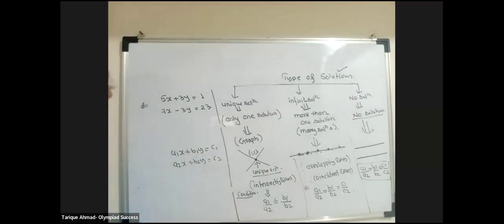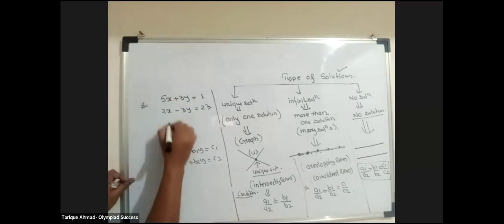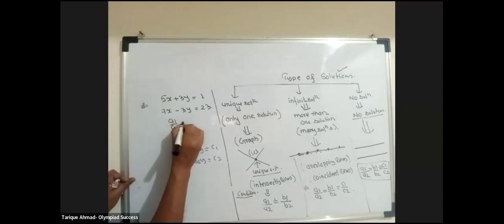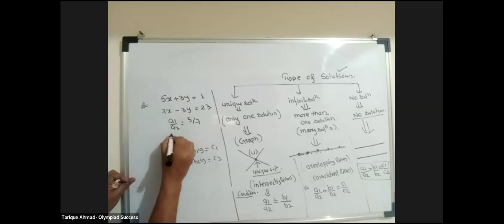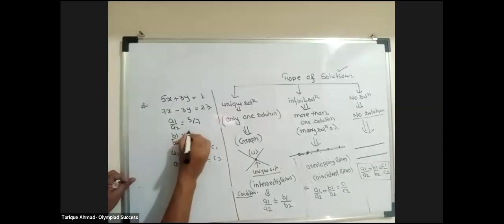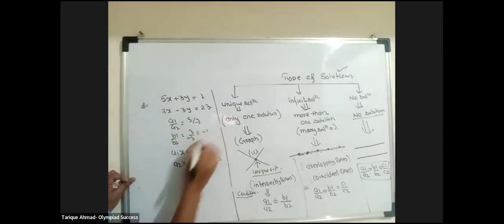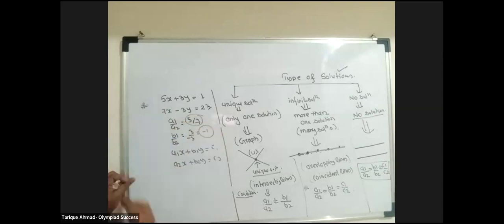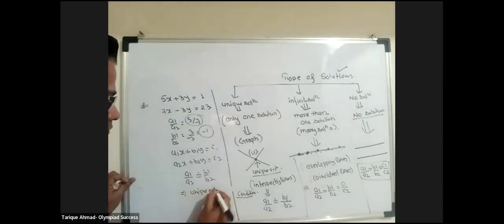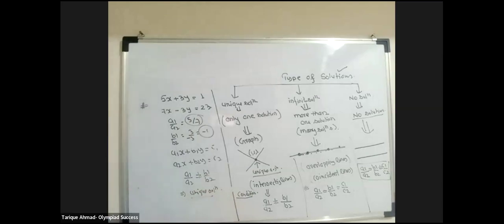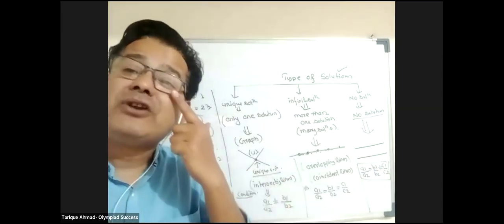Unique. Because A1 by A2, we will get 5 by 7, and B1 by B2, we will get 3 by minus 3, which is minus 1. These two are not equal. A1 by A2 is not equal to B1 by B2. It means we will get a unique solution. Okay, what is the meaning of unique solution?